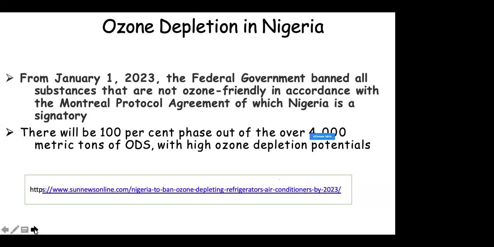Now, we're environmentalists, so we are the ones that are actually making use of these things. So there will be 100% sales out of over 4,000 metric tons of ozone depleting substance. It's high ozone depletion potential.